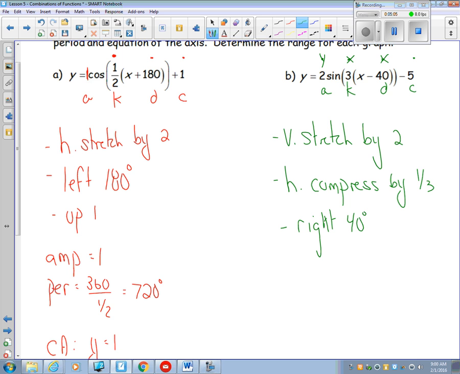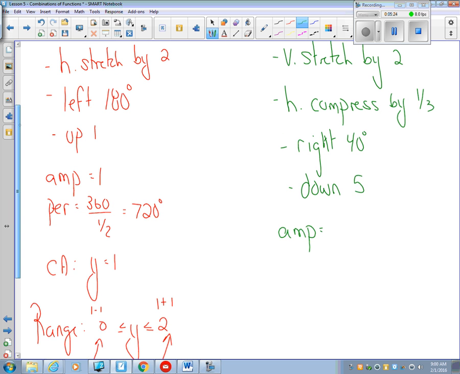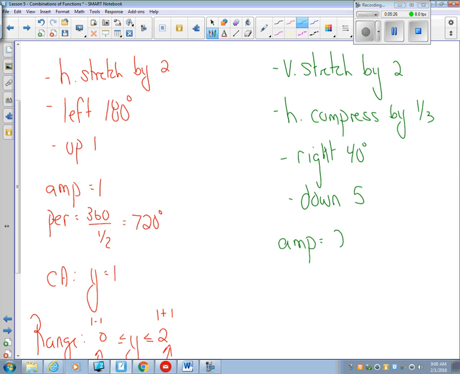And the thing at the end over here, it's another Y. It says minus 5, so I do what it says. It's going to move my graph down 5. Okay, so you had 4 transformations that time. Our big properties, our amplitude. Amplitude is A, so our amplitude is 2. Okay, vertical stretch, amplitude, go together.